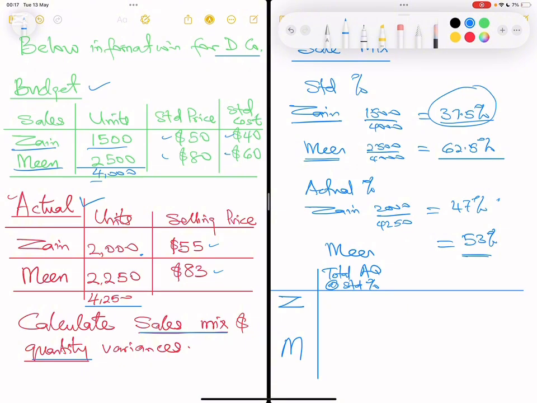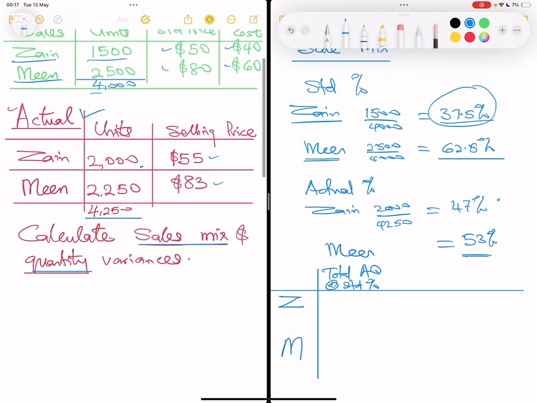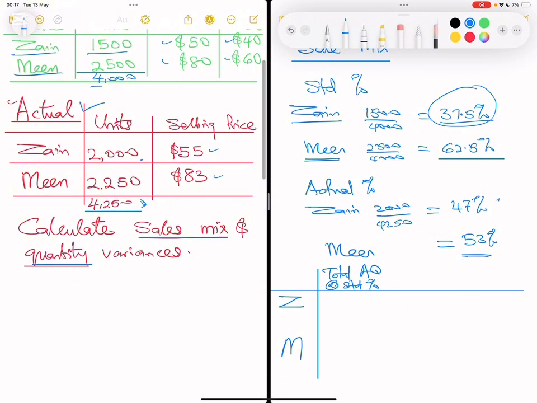So if you multiply that by the actual total, which is 4,250, we'll have 1,593.75. The same thing if we do for Mean, that will give us 2,656.25.